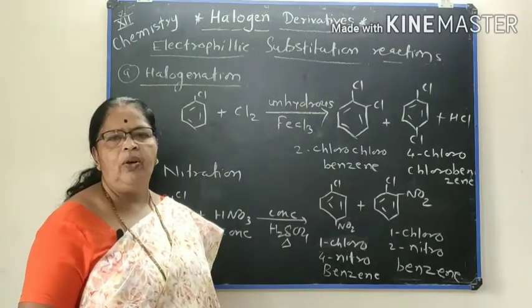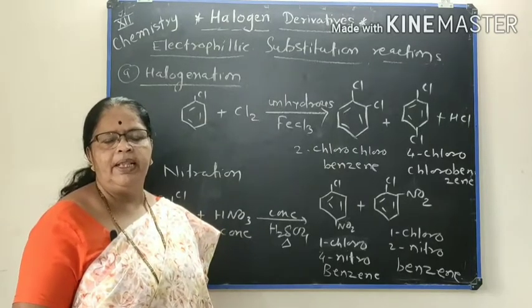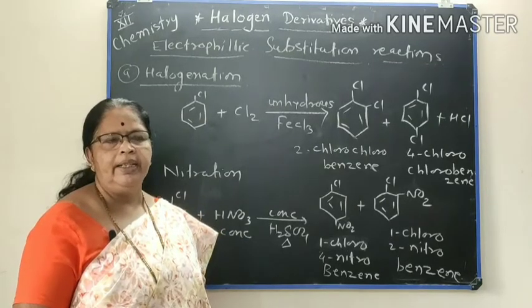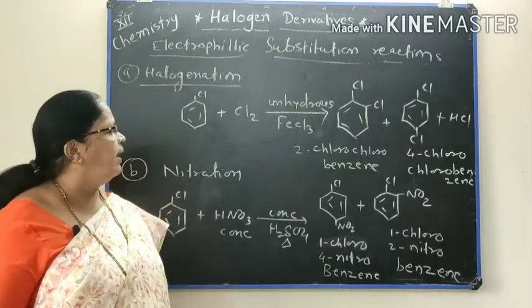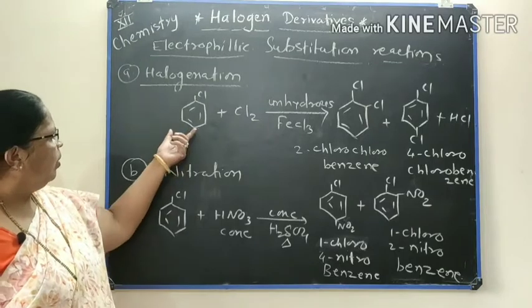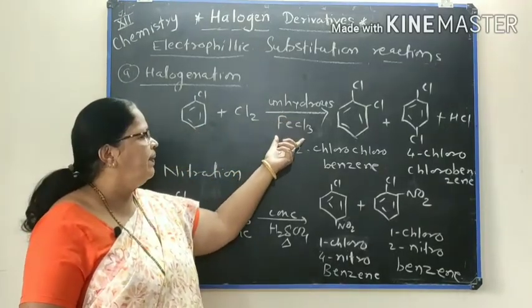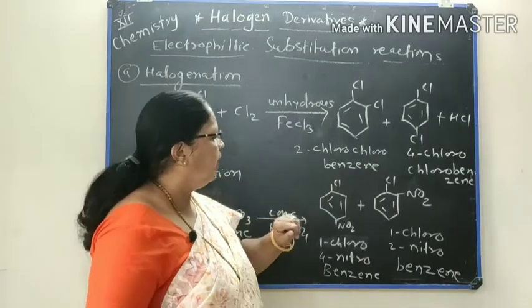Halogenation means addition of halogen. Mostly this addition takes place in presence of Lewis acid, that is here anhydrous FeCl3. Chlorobenzene is treated with chlorine in presence of anhydrous FeCl3. It gives two products.